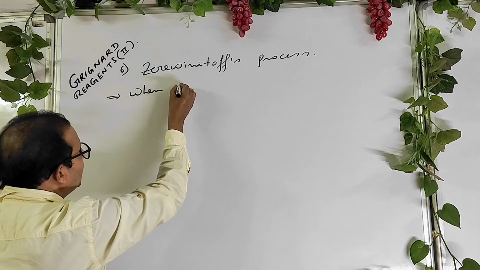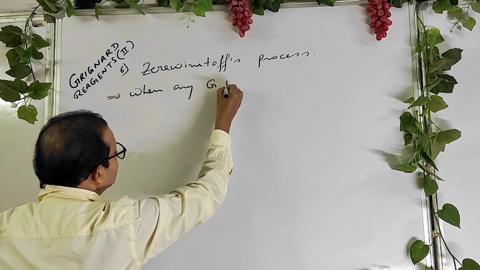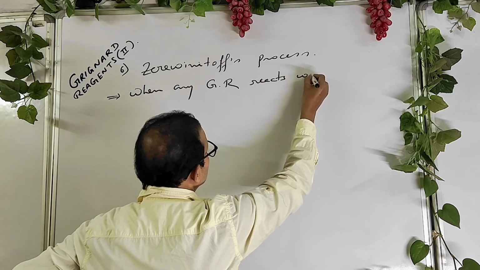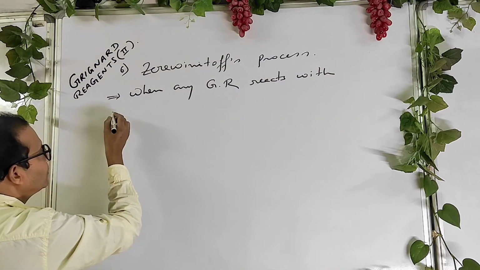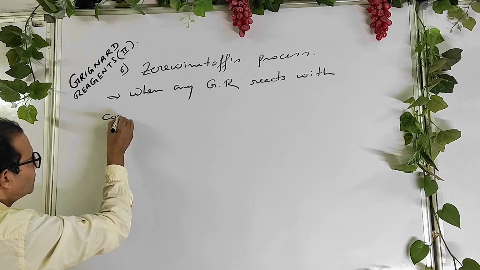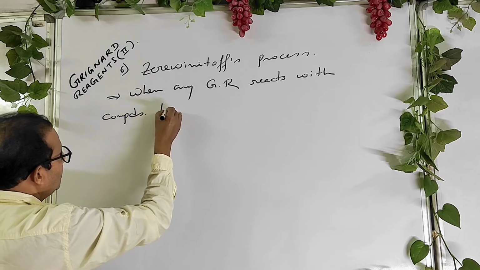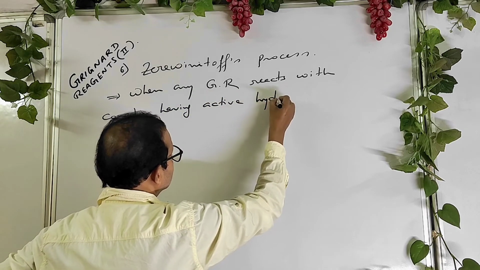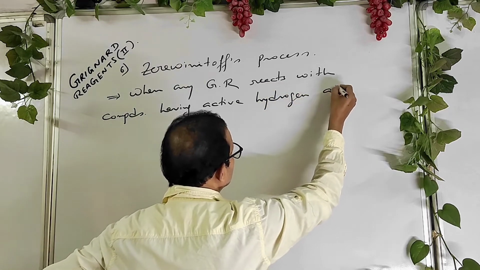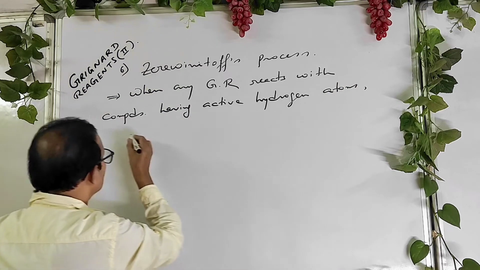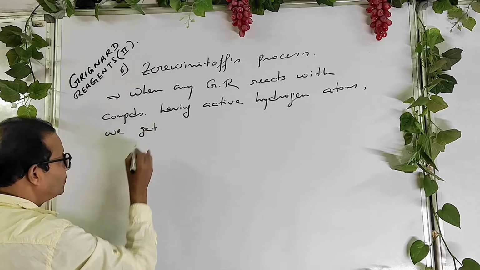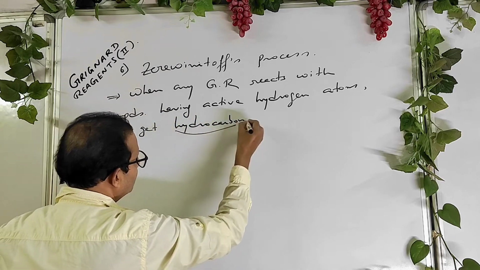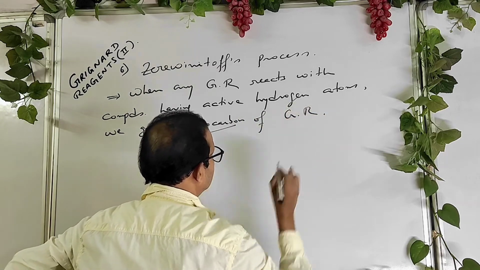When any Grignard reagent reacts with compounds having active hydrogen atoms, we get the hydrocarbon of the Grignard reagent.